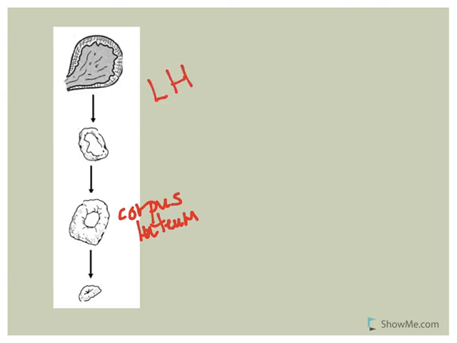You're going to have high levels of luteinizing hormone, and shortly before ovulation the numbers of luteinizing hormone receptors have started to increase on these cells out here, so they're going to be very sensitive to luteinizing hormone. LH levels are going to be fairly high during the luteal phase of the ovarian cycle. And you get development of this thing called the corpus luteum.